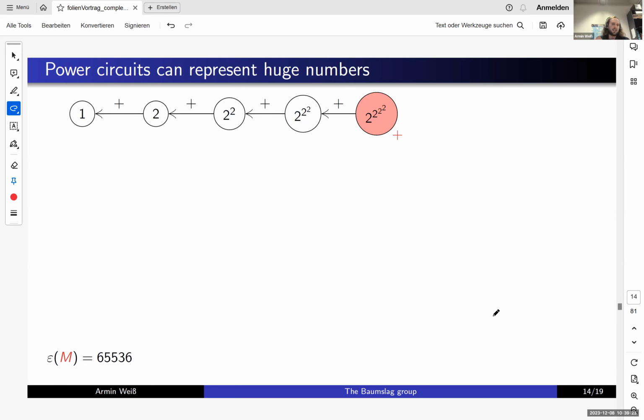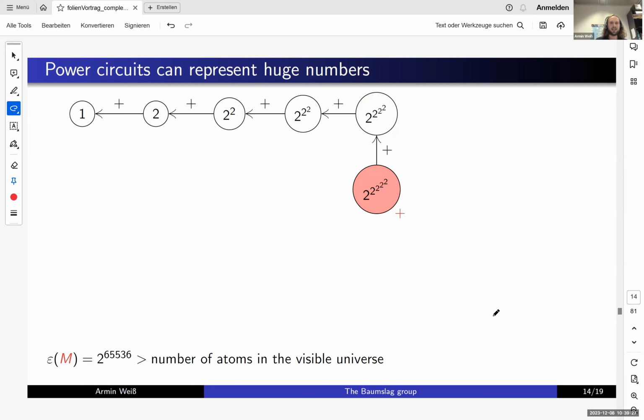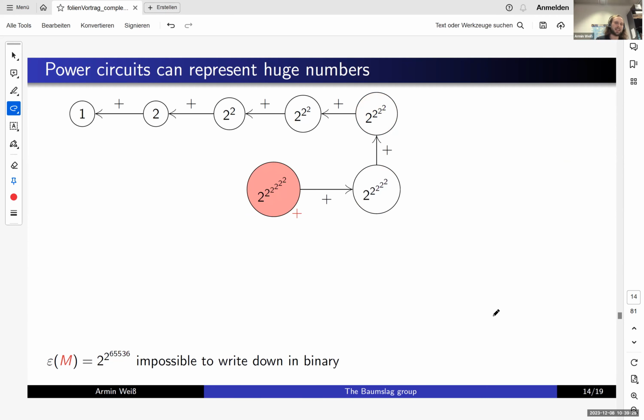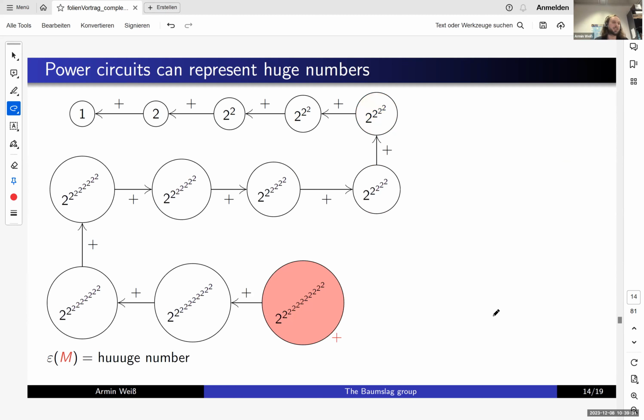Using this, we can of course represent very huge numbers. We just make a chain of many, many nodes, and we can represent the tower function. So with this we can represent all the huge exponents appearing in the solution of the word problem for the Baumslag group.